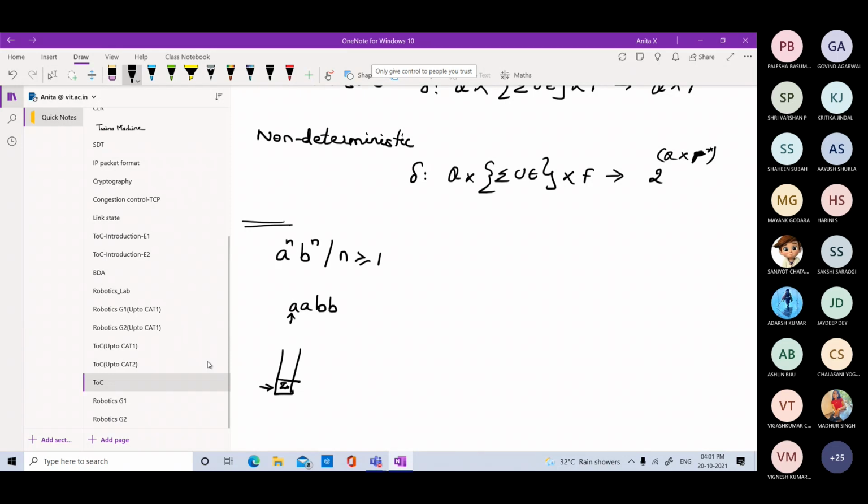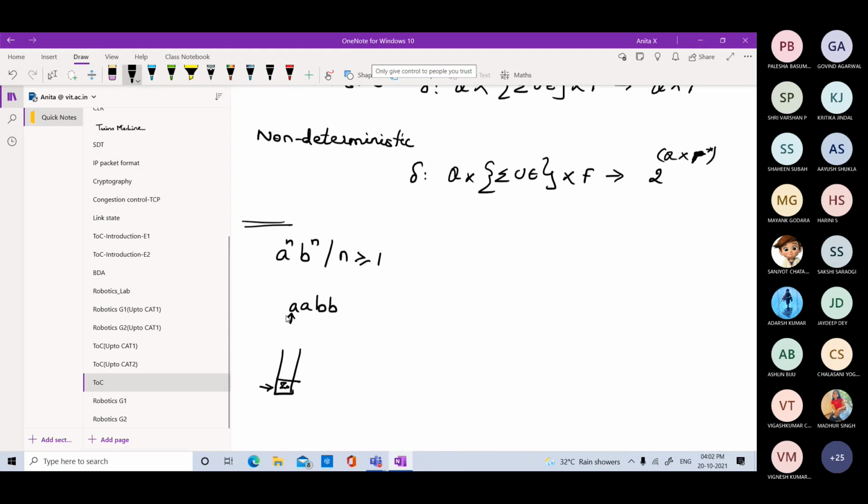Please make a note. Here we'll be making a transition not only based upon the input symbol, but we'll consider the input symbol as well as the stack symbol. Based upon that only we will be taking a decision, right?